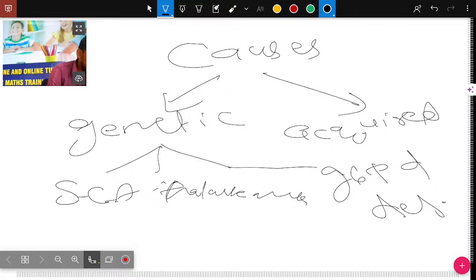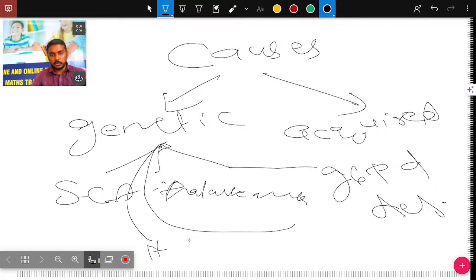And again, you can add two more things. There will be some kind of shape deformities in RBC, present genetically, by birth. That is also included under the genetic causes. Both of them start with H, the first word being hereditary.